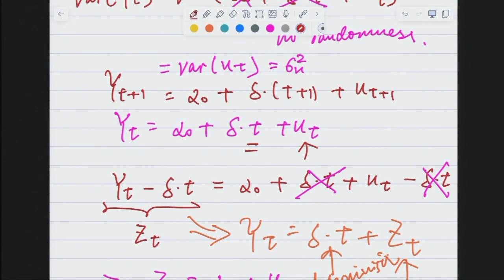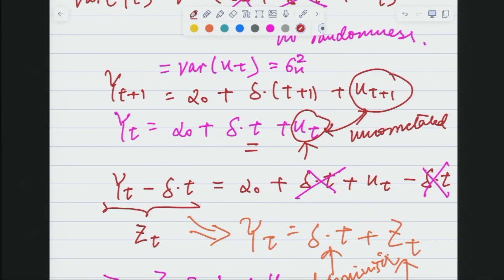The ut and ut plus 1 are uncorrelated, given that it's a white noise process. IID white noise, they are independent, therefore there's zero correlation. ut is uncorrelated with ut plus 1. The shock at time t does not affect the shock at time t plus 1, and given that y at time t plus 1 only depends on the shock at time t plus 1, therefore the shock has a transitory effect.